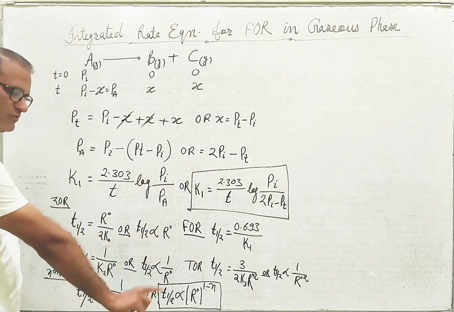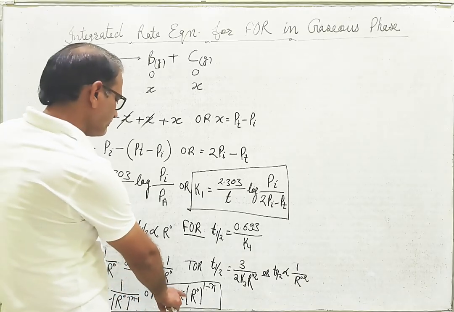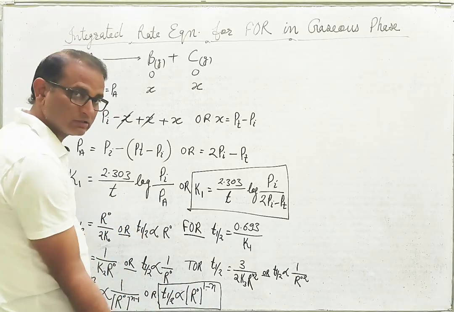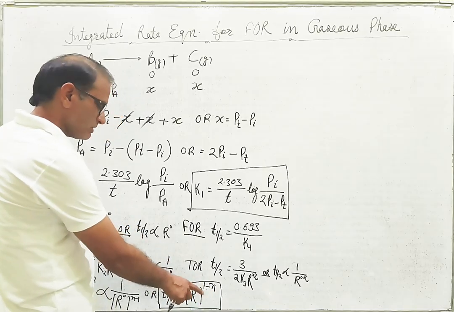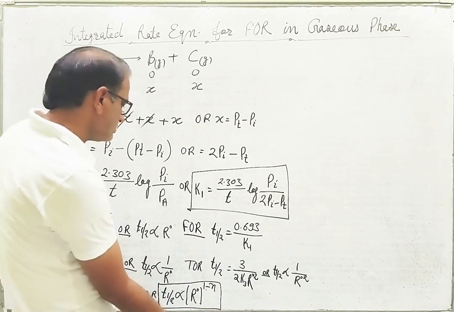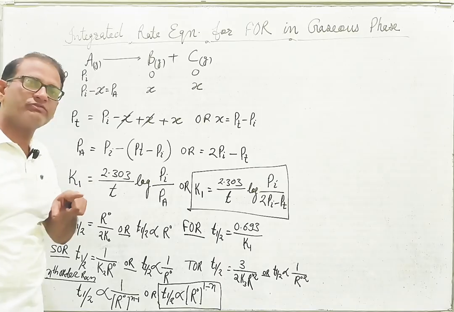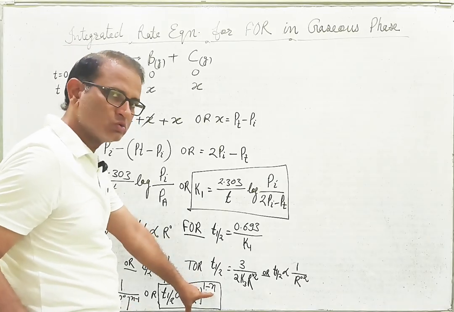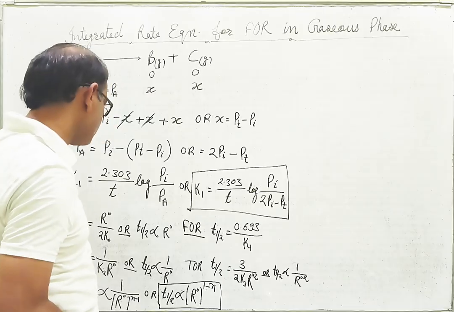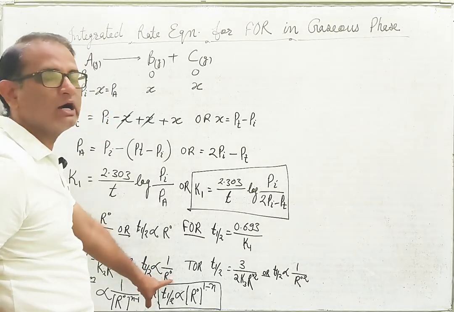For first order reaction, T half is directly proportional to 1, because 1 minus 1 is 0, and R naught power 0 means 1. So T half is independent of initial concentration. If n is equal to 2, then T half is inversely proportional to R naught.